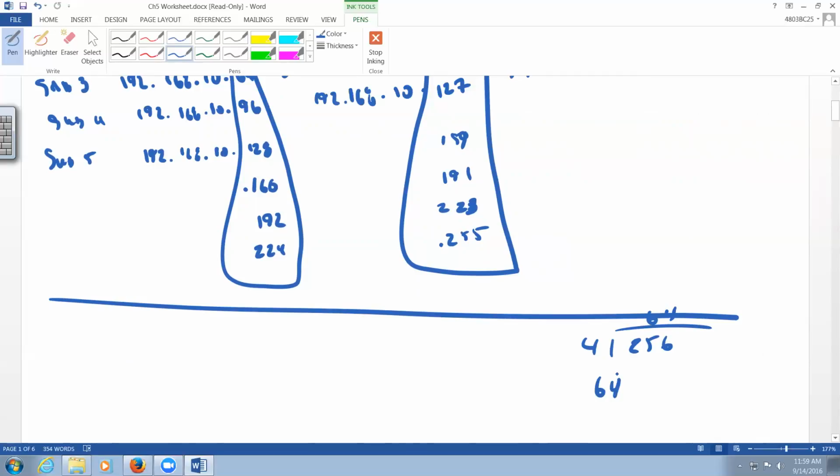But how many usable would you have? 62, because we have the defining and the broadcast. So what would that look like if we did this? Let's do it really quick. This will help you guys out. 192.168.10.0 to what? 63.